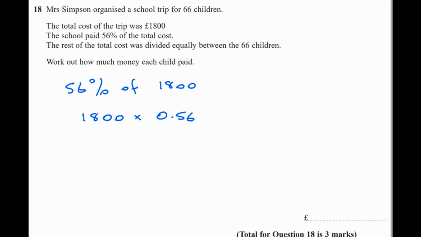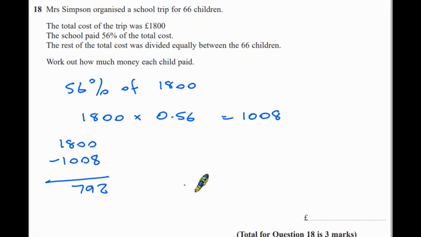So if we do that, we get the answer 1008. Now that's the part that the school is paying. So if we take 1,800 and take away 1,008, that means that the children are left with £792 to pay in total.